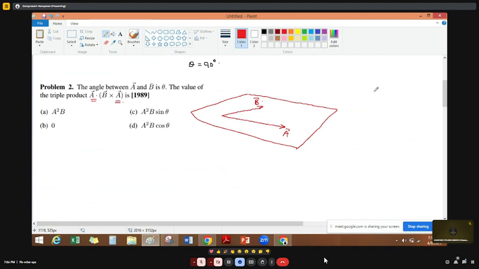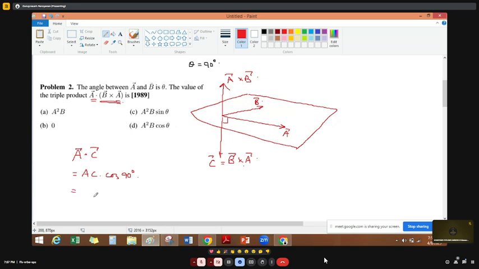Try the right hand thumb rule. A cross B would come here, right? B cross A will be coming here. So this is perpendicular to A. When they are perpendicular, what will be the dot product of this and this? Let's call this C vector. Then A dot C is equal to AC cos 90 degrees.